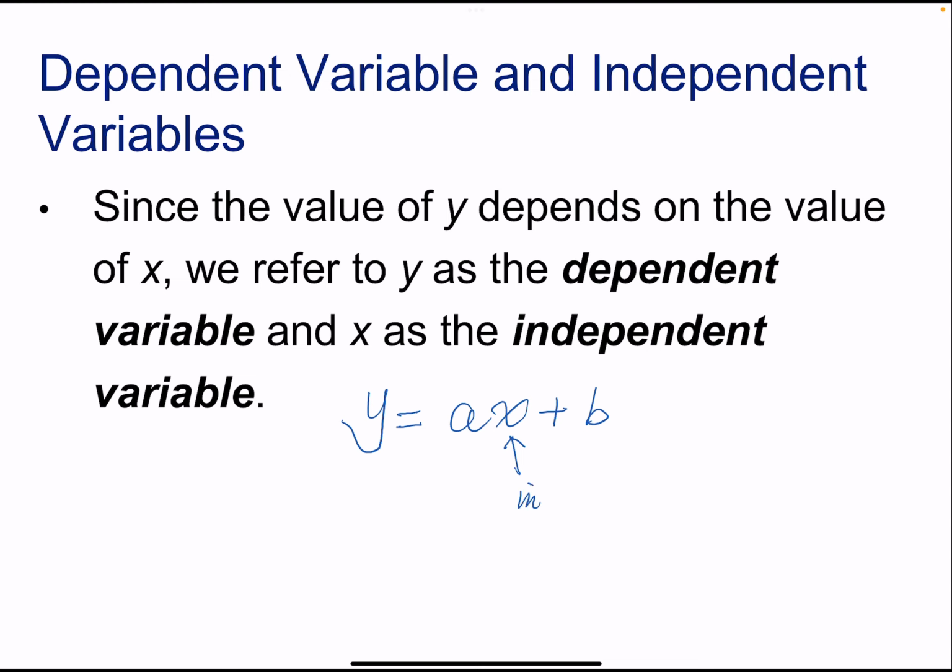So x is referred to as the independent variable, and y depends on x, so it's called the dependent variable. Those are just terminologies.